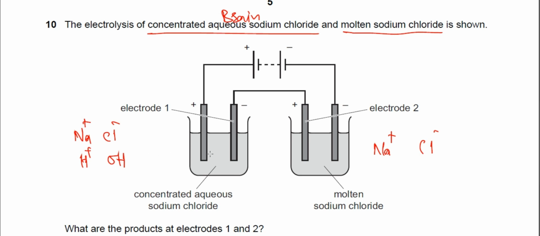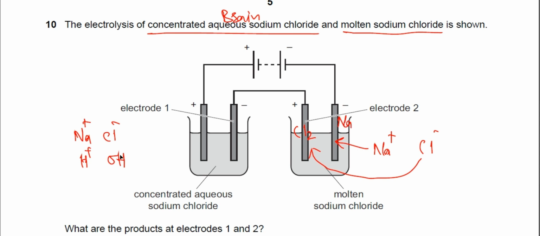We know from our knowledge that the cations will move towards the negative electrode and deposit. So sodium will deposit over here, and chlorine, because of the negative ion, moves towards the anode, which is a positive electrode, so giving us chlorine. So chlorine will be produced at the positive electrode, sodium at the negative electrode.